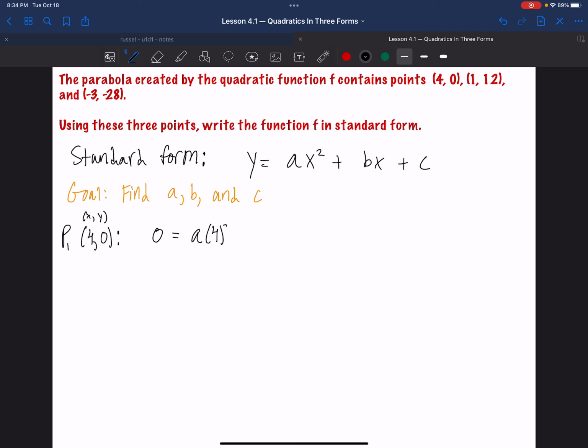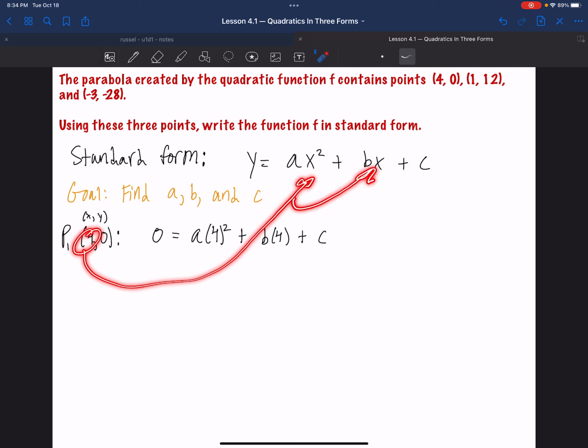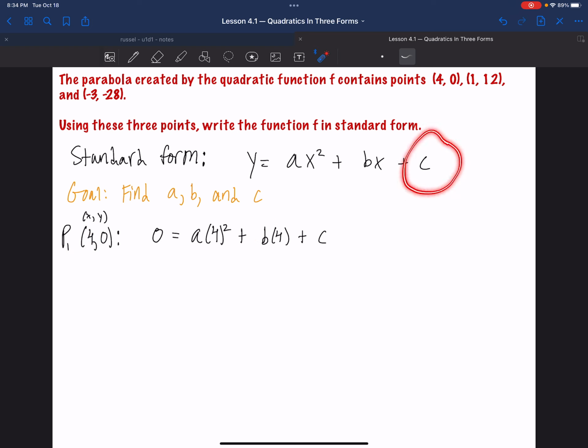Parentheses 4 squared plus b times 4 plus c. And notice all I'm doing is taking the point (4, 0) and plugging this 0 into the y right here, and I'm plugging this 4 up here and here. Notice the c is isolated, it's all alone, so I don't need to plug in an x value there.